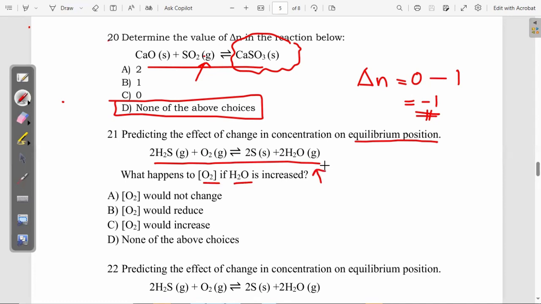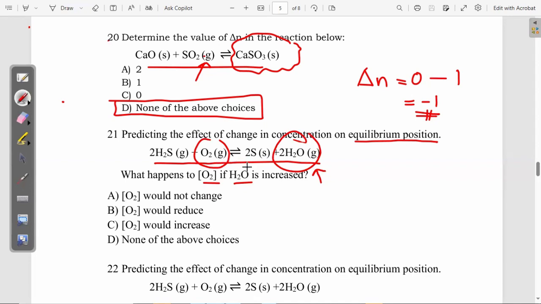According to Le Chatelier's principle, if the products are increased, then they will be reacting more so that they can produce more reactant. So if I add more water here, which is a product, it will be reacting with this thing here to produce more of the oxygen. So the concentration of the oxygen is going to do what?